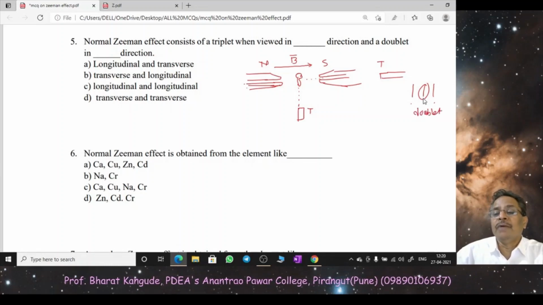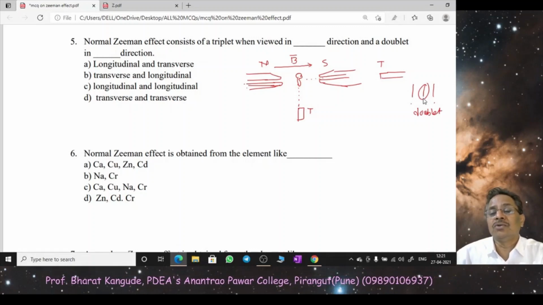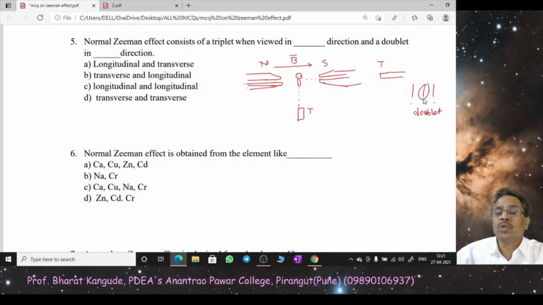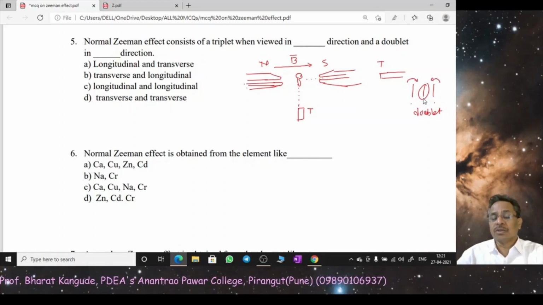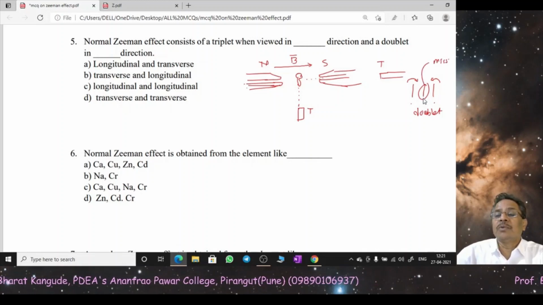When the telescope is kept parallel or anti-parallel to the direction of the magnetic field, these two lines are observed in the spectrum, and they are circularly polarized in opposite directions. The in-between line is missing, and this is called a doublet.